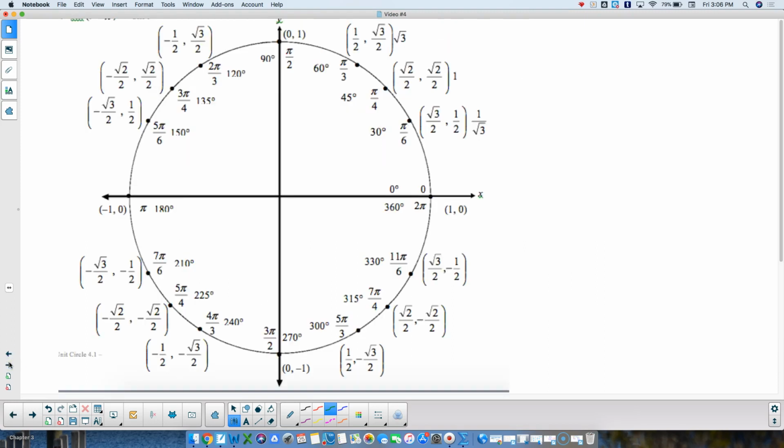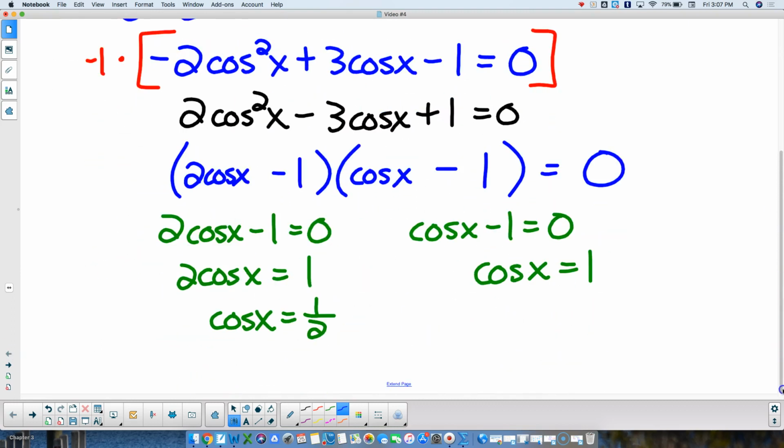Go to your unit circle. Cosine 1/2 happens at pi over 3 and 5 pi over 3. Then I'm also looking for where cosine is equal to 1, because that was my other one, and that happens at 0. So this gives me 0, pi over 3, and 5 pi over 3 as my 3 answers.